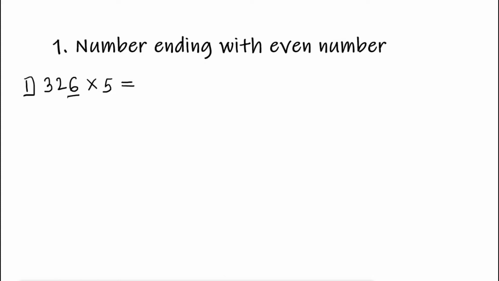If the last digit of your number is 0, 2, 4, 6 or 8, then you can say this is an even number. So obviously 326 is an even number.